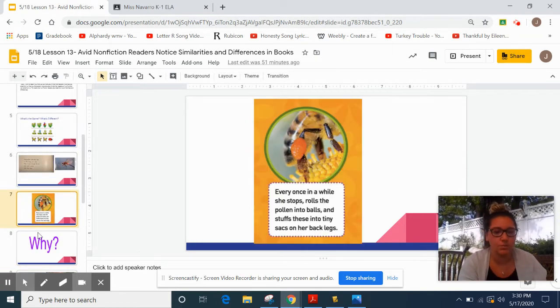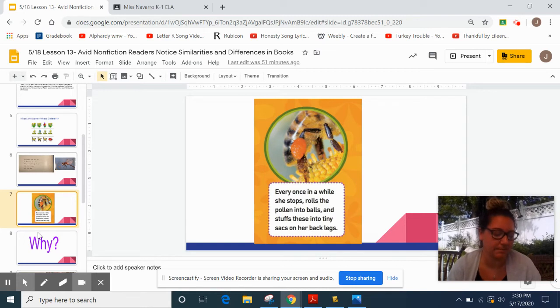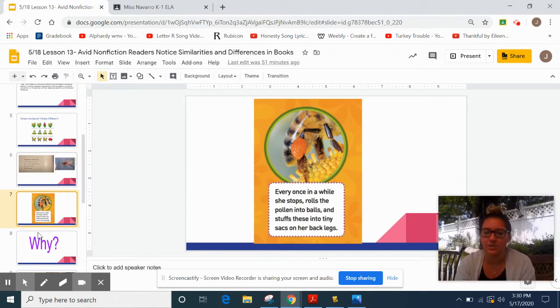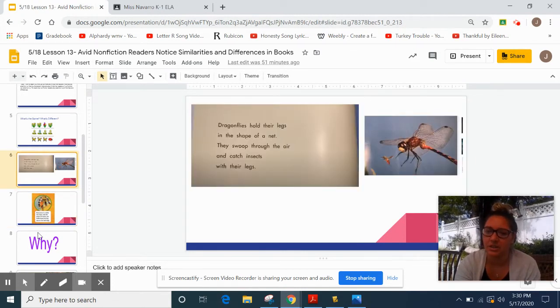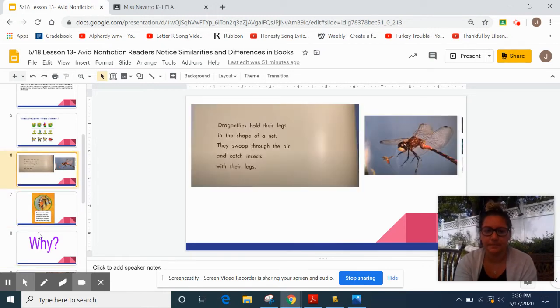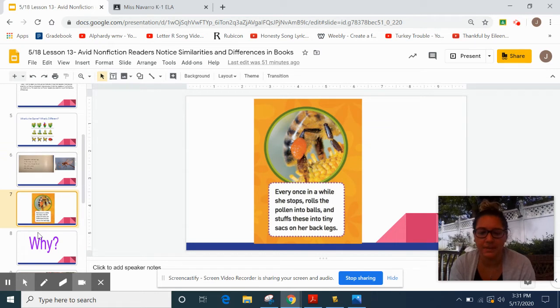Now, when we read about dragonflies and honeybees, what is similar? What is the same between dragonflies and honeybees? I want you to tell me. How are they similar? What did we read that makes them the same? Here's the dragonfly. Here's the honeybee.